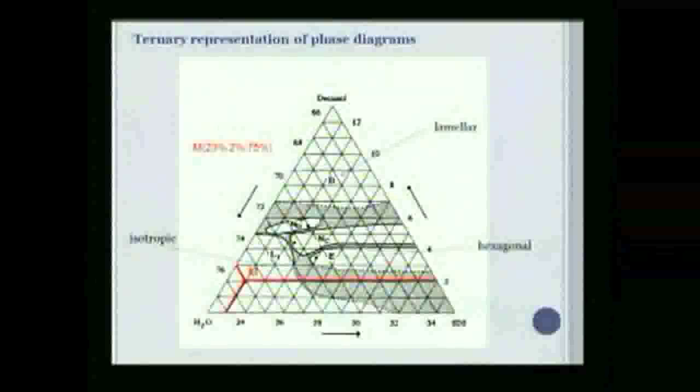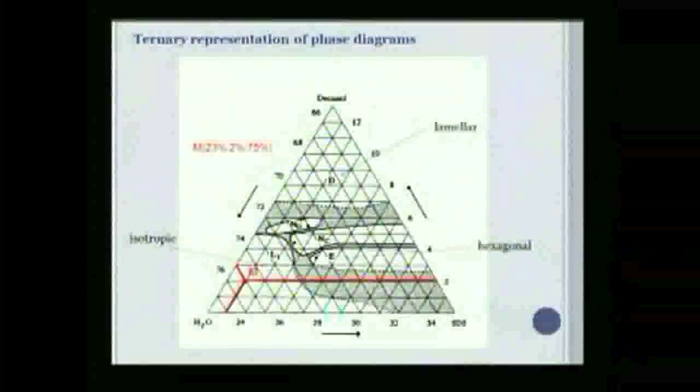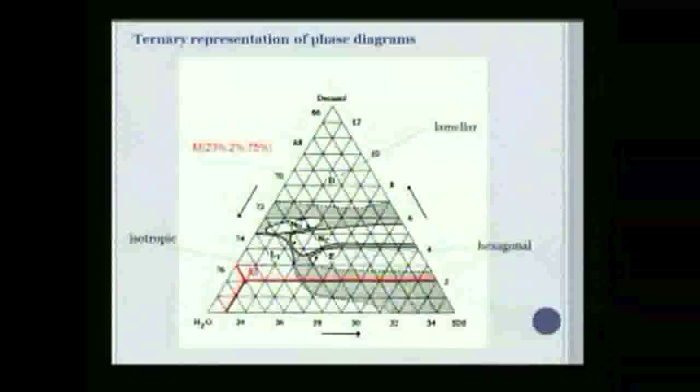So imagine that you prepare an isotropic sample at this concentration, at point M if you want, and that you move in the diagram like this. You add decanol to your system, because here you have the decanol corner.